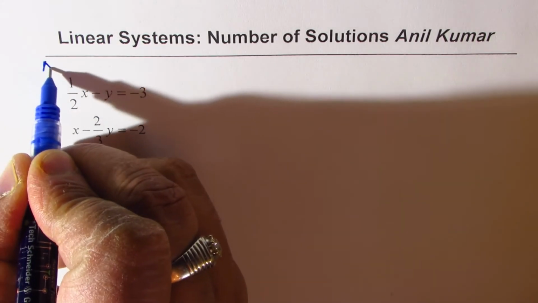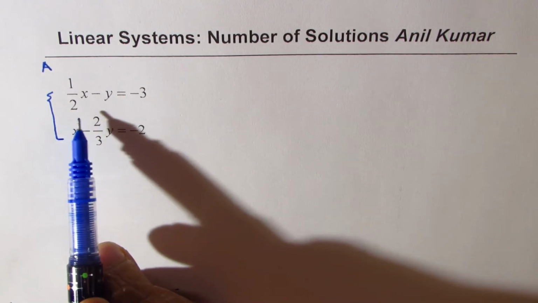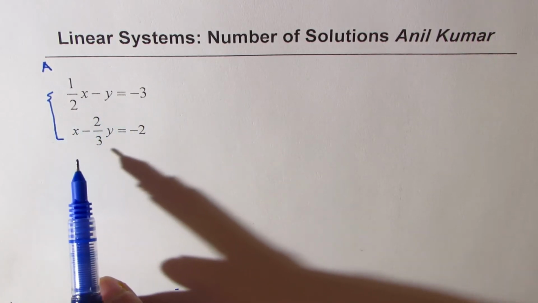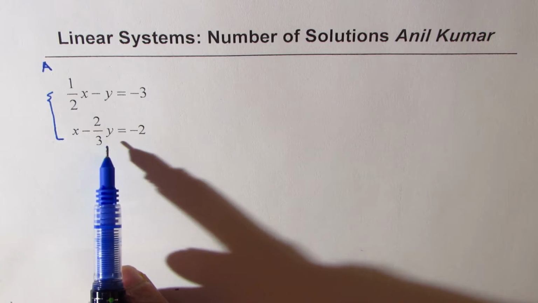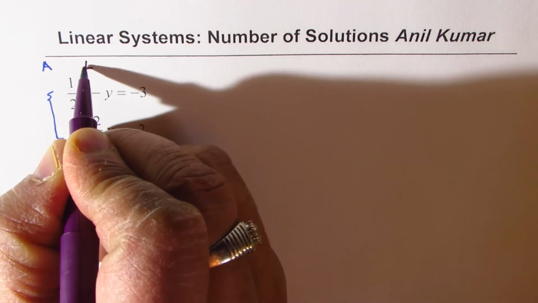A. We have a linear system which has two equations. Half of x minus y equals minus 3, and x minus 2 over 3 y equals minus 2. We'll use the method of elimination here.